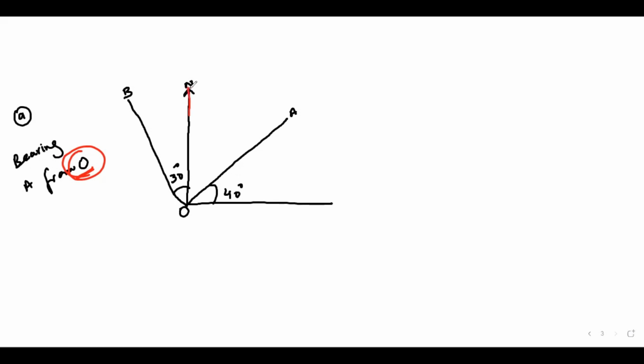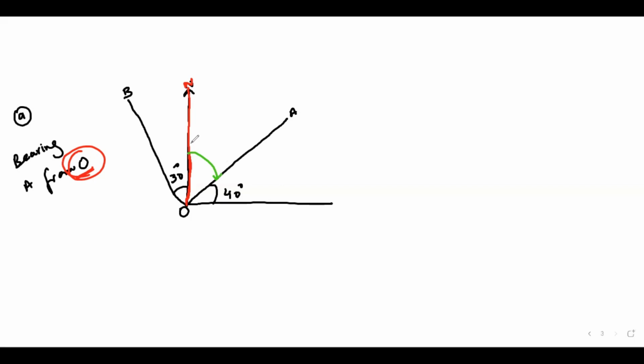This is a very simple question because the north is already labeled on the origin. So if I want the bearing of A from O, you always have to start from your north to that line.